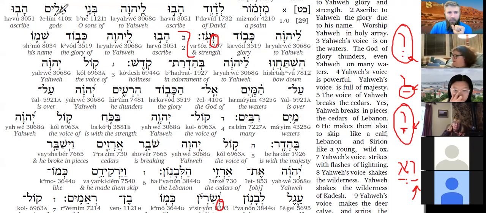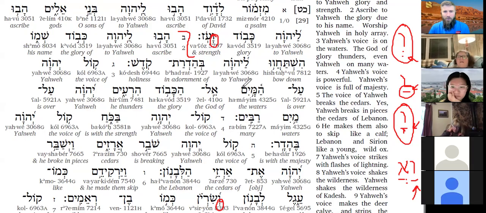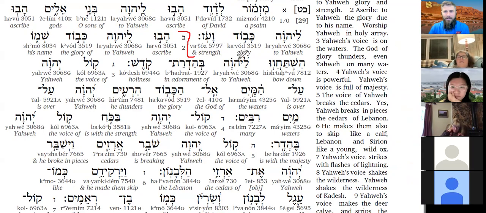Ascribe, b'nei Elim, ascribe to the Lord kavod va'oz. What kind of parallelism is in this verse 1? I'll give you a hint. Staircase. It's called staircase.